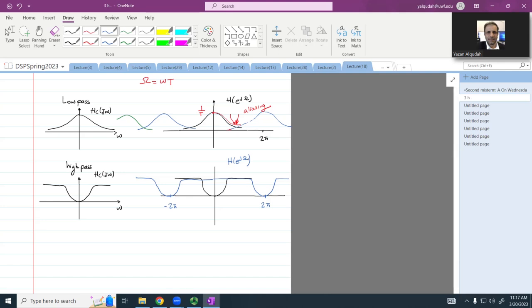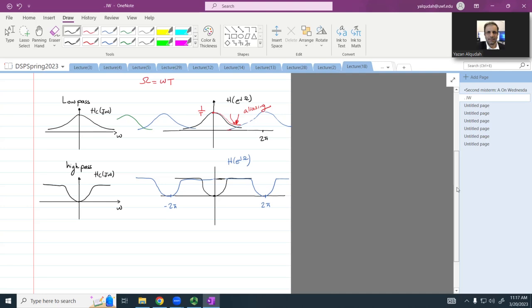Does that make sense? When I look here, I want this to suppress all the low frequencies, because it's a high pass filter. But look, because of this alias signal that is coming, now all of a sudden that frequency is going to pass through. Does that make sense, everybody?